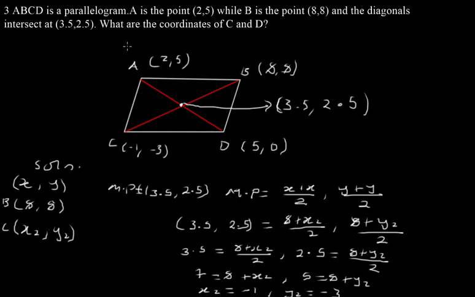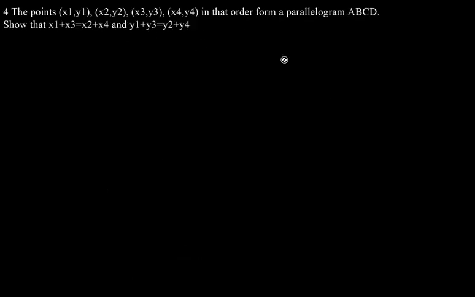And let us see what we can do next. So friends, this is the last example that we're looking at on the midpoints, and you can pause the video and try working this out on your own.